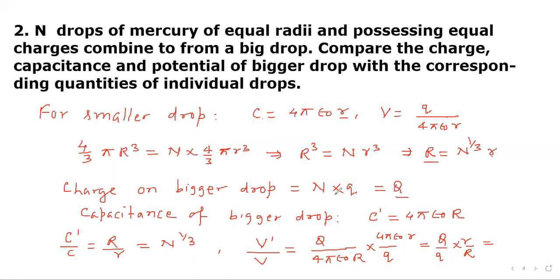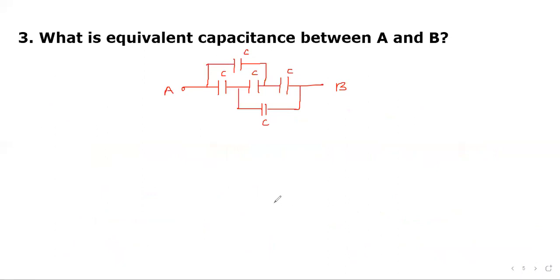Capital Q upon small q will be equal to capital N times small r to capital R. From here it will give N power minus 1 by 3, from where we can get V dash upon V equals N power 2 by 3, which is our answer. Now let's go to next question.